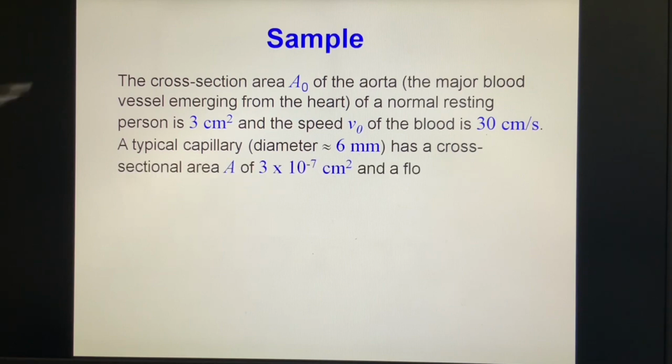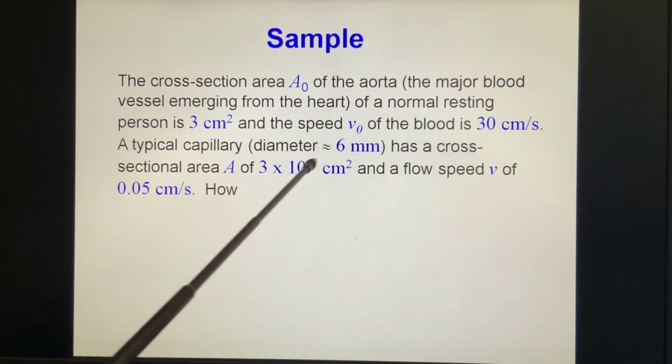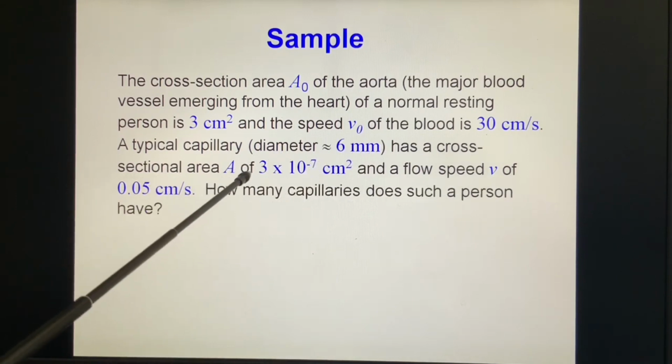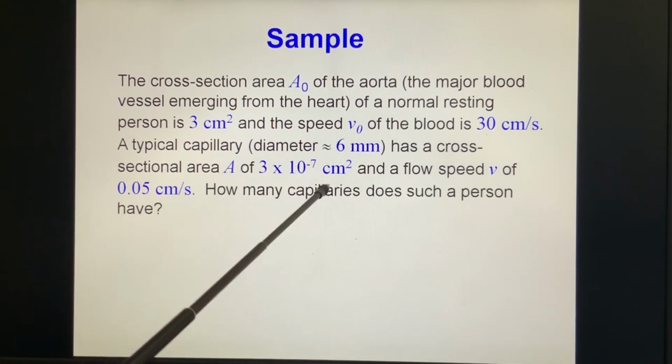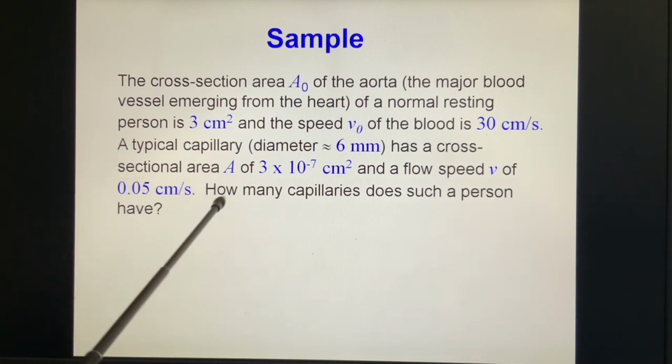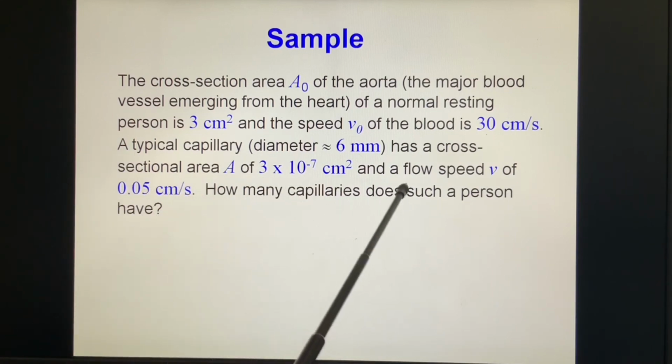A typical capillary, diameter 6 micrometers, has a cross-section area A equal to 3 times 10 to the minus 7 centimeters squared, and a flow speed v of 0.05 centimeters per second. How many capillaries does such a person have? We know the continuity of flow.